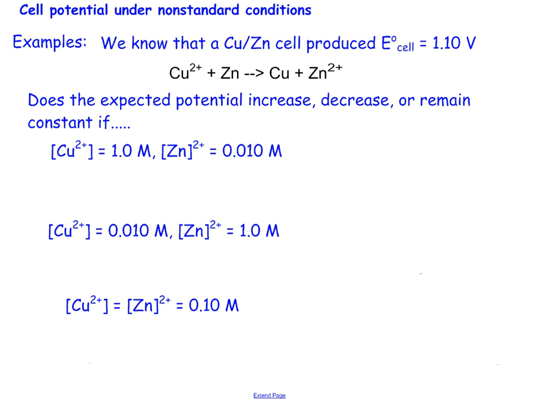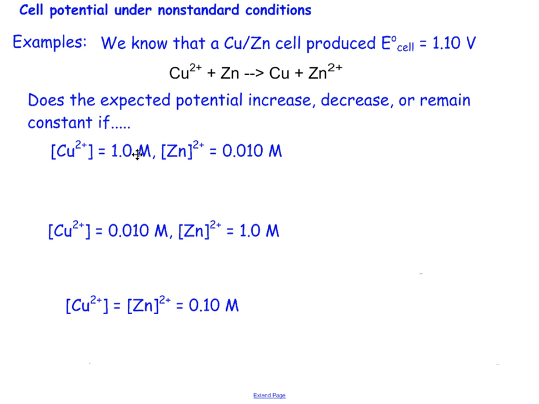Part of the experiment that you did earlier with voltaic cells is that you saw that there's a concentration difference. So if I have a copper zinc cell, I know copper ions form copper atoms and zinc atoms form zinc ions. So let's take a look at Le Chatelier's principle.